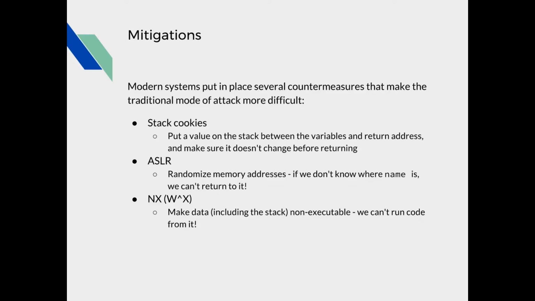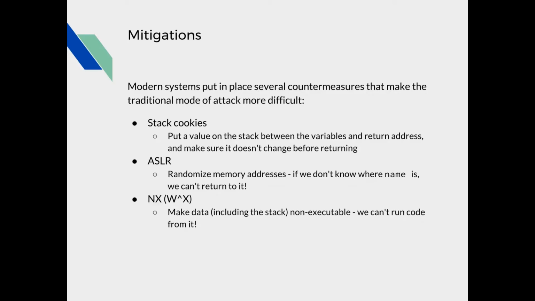Usually you would take the code for the program and shift it by a certain value. Often that value can be shifted by so many different positions that it's very hard to reliably predict where that is. And if you don't know where name is, you don't know what to overwrite the return address with, and so you'll just jump somewhere randomly and probably not get the effect you want to have.